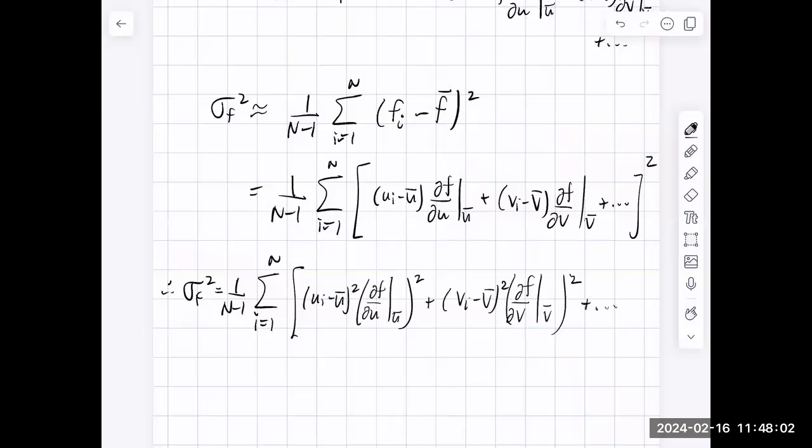There would be more terms like that, like maybe a w term, an x term, and so on. And then we're going to start getting these cross terms.